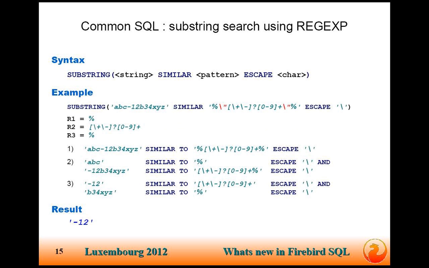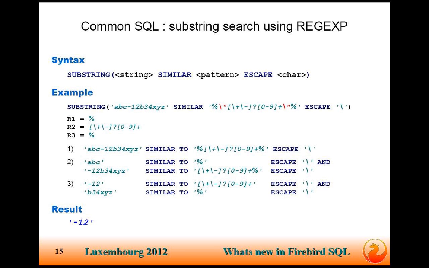I have a pattern which has in the middle part a very simple pattern to find numbers. It could be signed numbers and it must contain at least one digit. And here we see the three steps which the engine made to evaluate this expression. The first step is to check if the string is similar to the whole pattern without the escape symbol.